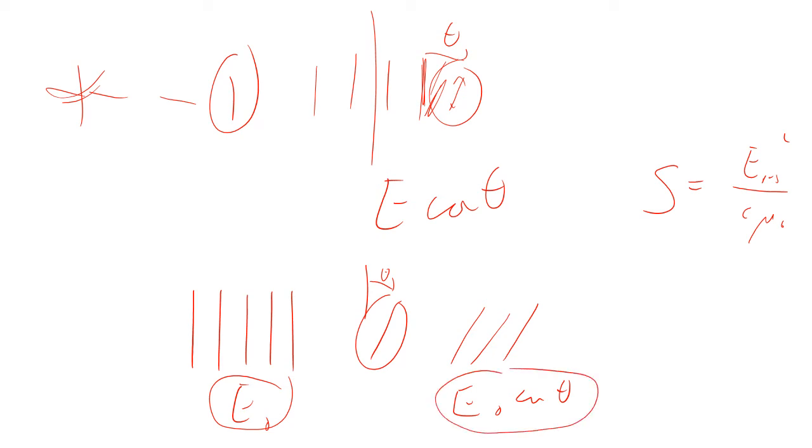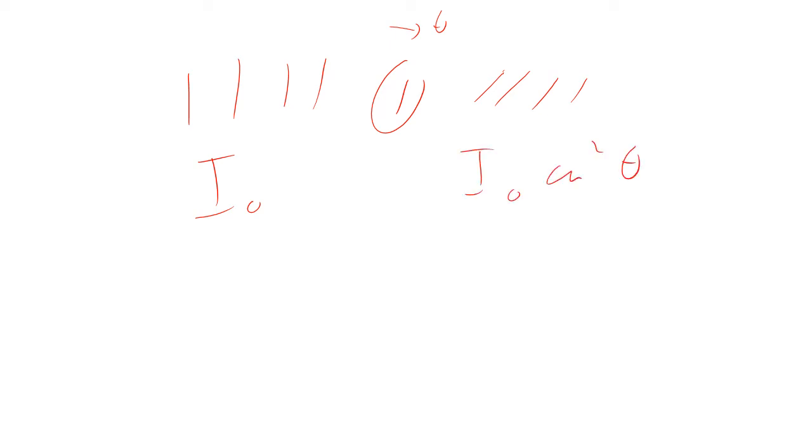And so we could then say that if this over here has some intensity I naught, then over here, if this is tilted by some angle theta, the intensity is going to be I naught cosine squared theta. And so this relationship right here, that the intensity after you go through a polarizer is I naught cosine squared theta, is called Malus's law.